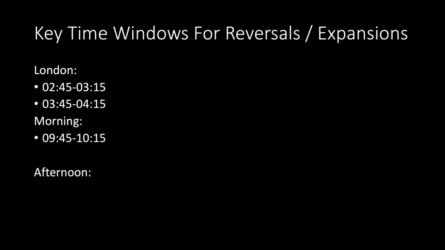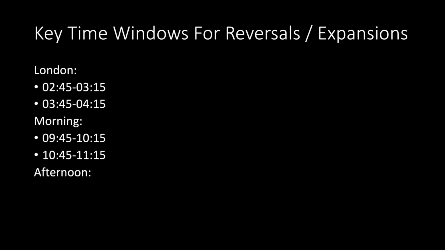If this does not occur, it will likely occur during the next time window, which is from 10:45 to 11:15. If the market did not show any signs to begin to move, meaning that volatility did not get injected into the marketplace during that first time window, then we can anticipate the second time window to be utilized for this.